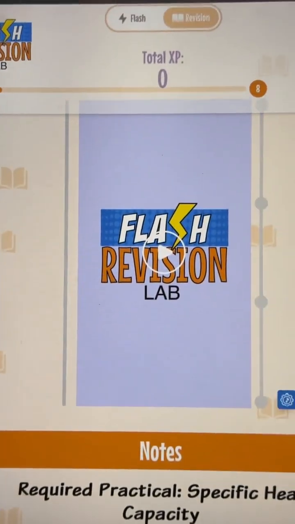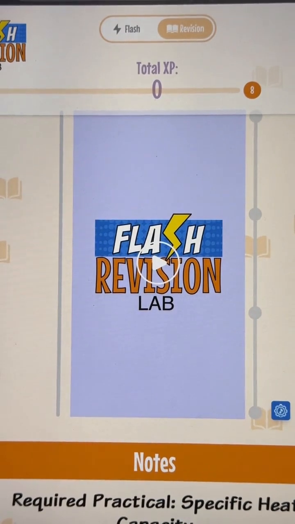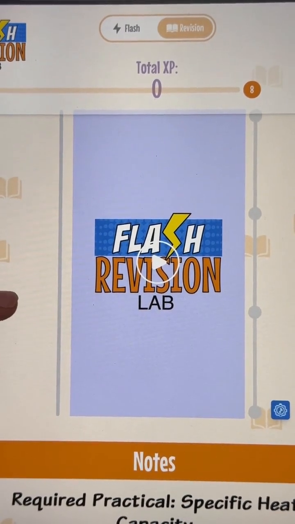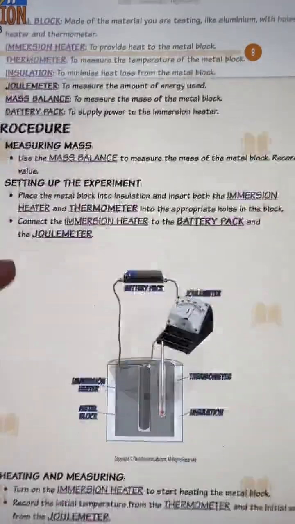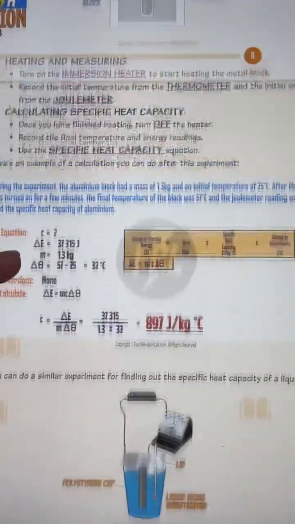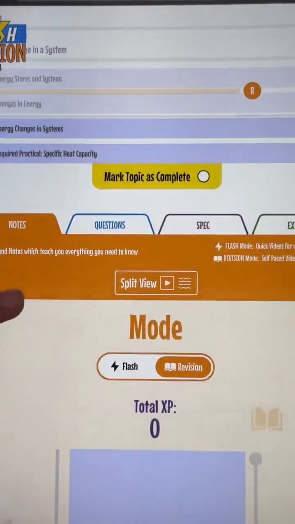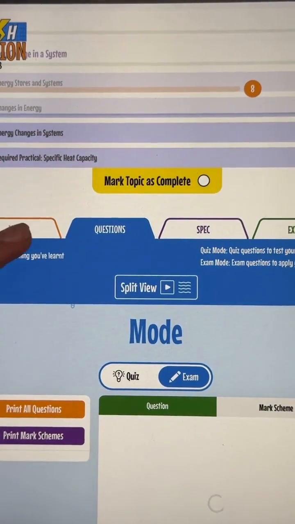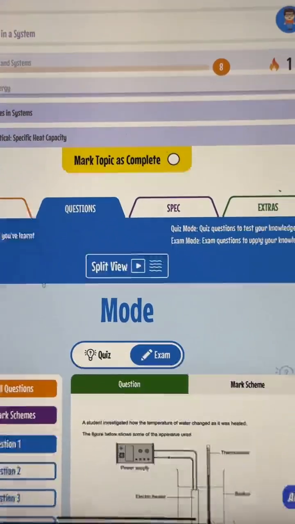There are checkpoints that take place here, as you can see in the dots, and they will test you with questions as you're going through the content to make sure that you're understanding as you go along. So it's really useful, guys. Definitely go and check it out. You can see all the notes here, with examples as well. So you can always refer to these, even with the exam questions I'm doing now as I go to the next tab. You can always flick back to the notes and check if you're stuck. It's a great tool.